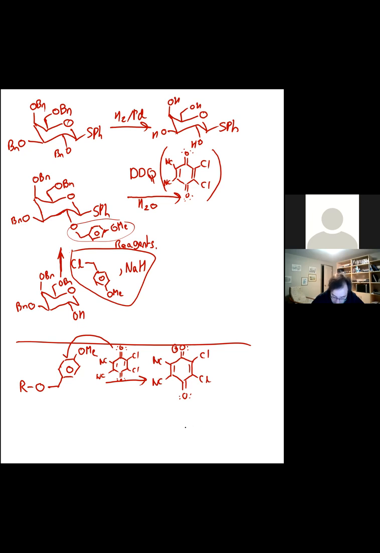So we have, I'm going to represent it like this for now. That is obviously not a stable thing. It's got a negative charge, it's got a radical. That's not going to last.